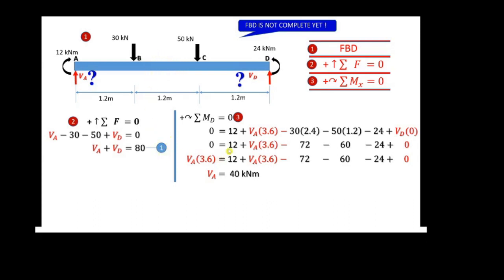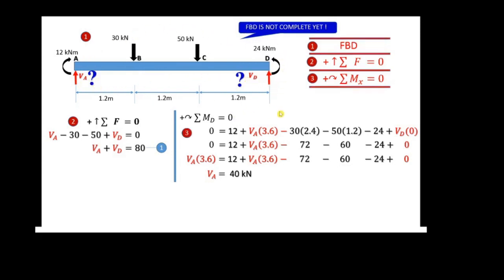Here we have two concentrated moments and we have four forces. All the forces will develop a moment. So that means we have 6 values of moment to sum up. The first moment is 12 Newton meter.